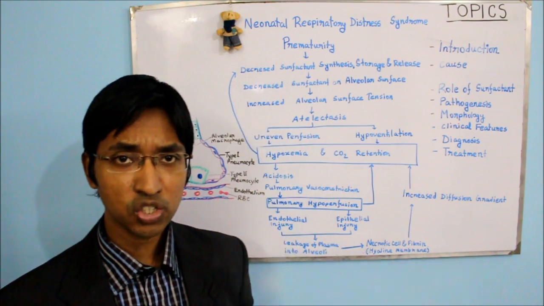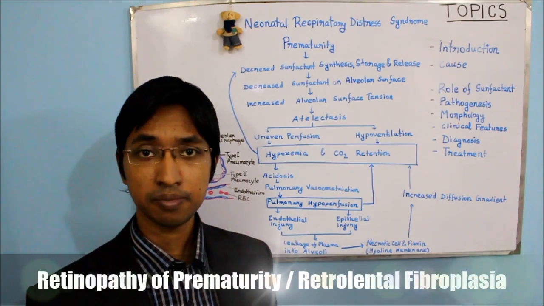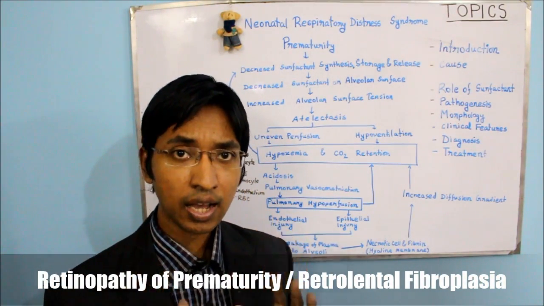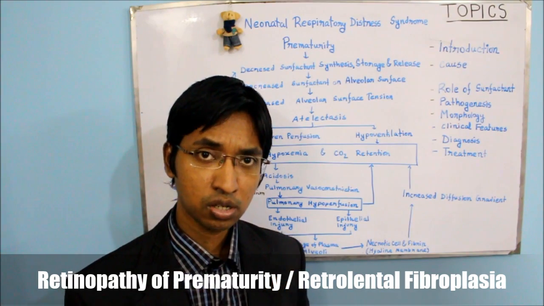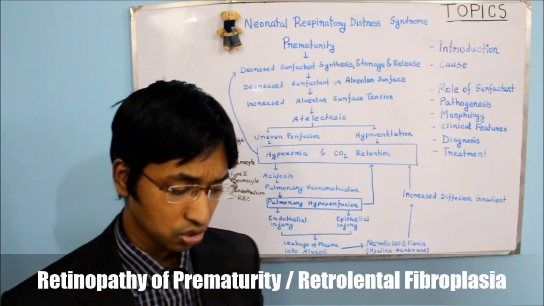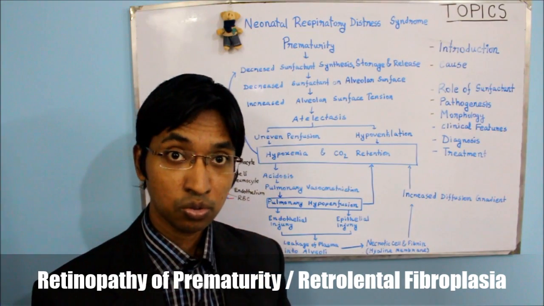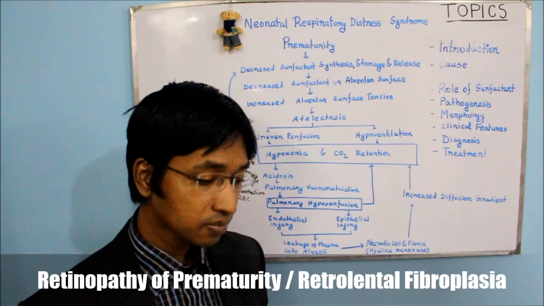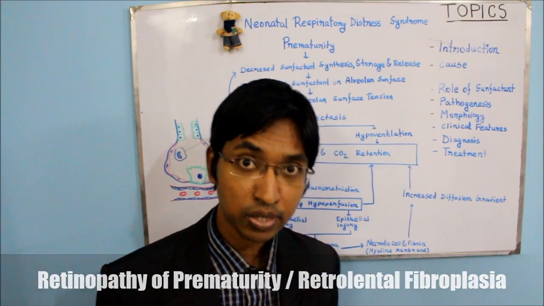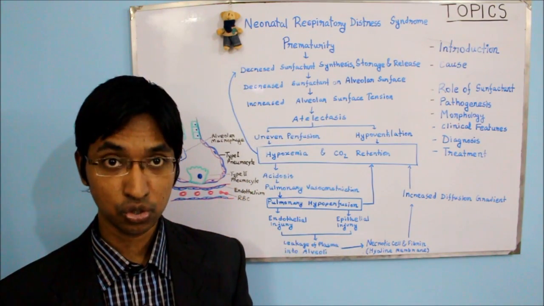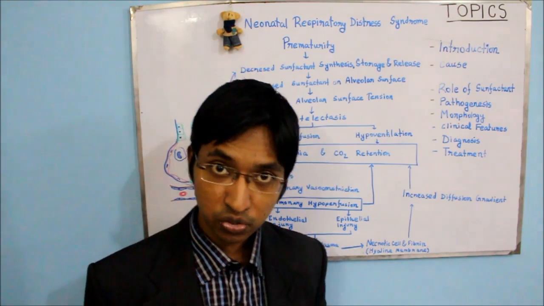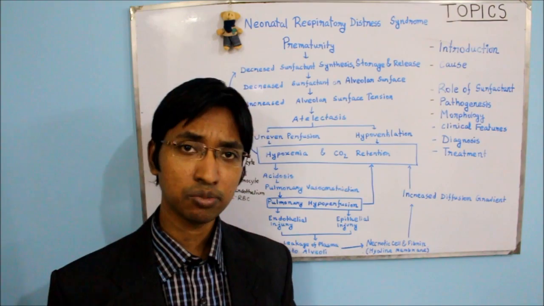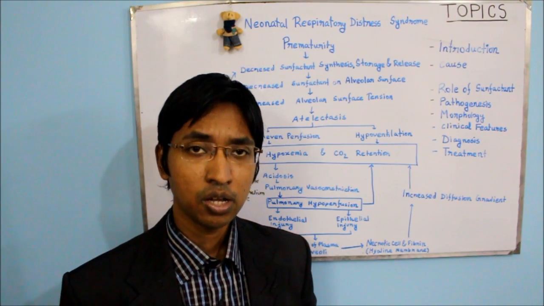So what is retinopathy of prematurity? When we are administering high concentration oxygen for a prolonged period, during the phase when there is high oxygen in the baby, the vascular endothelial growth factor expression will be decreased, and as a result the endothelial cells will die via apoptosis.